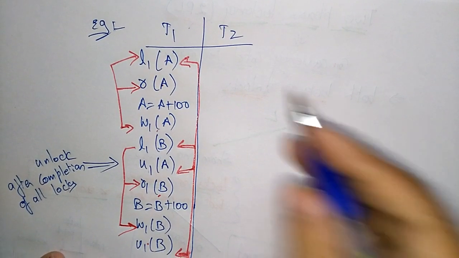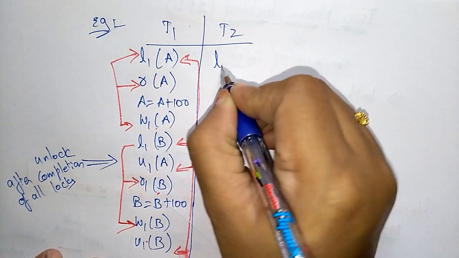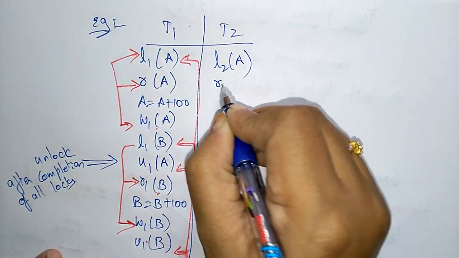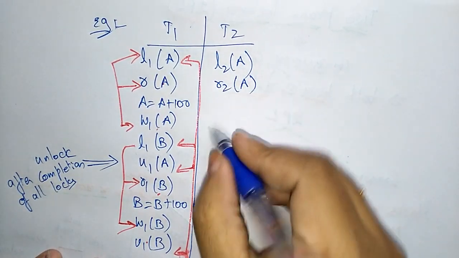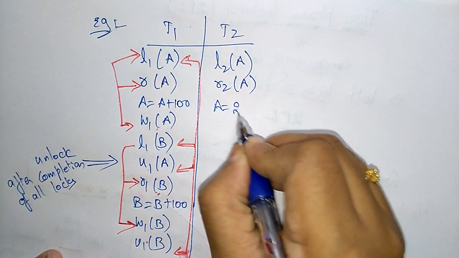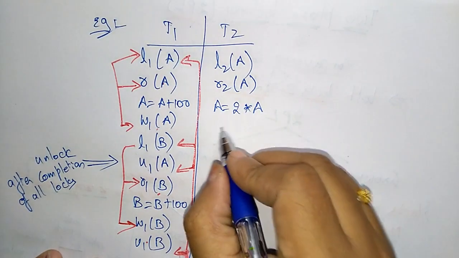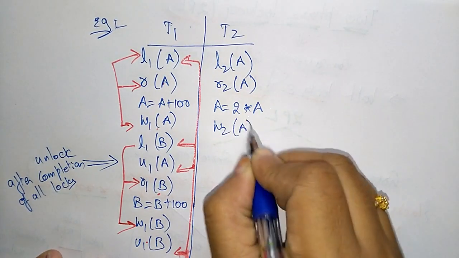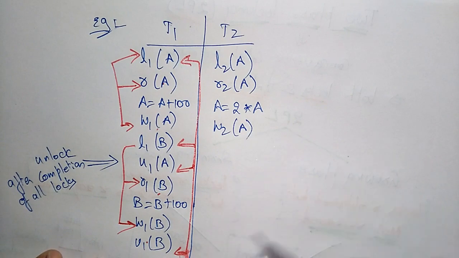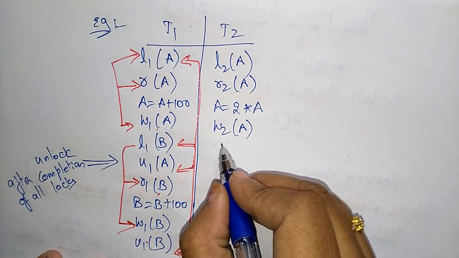Now coming to the T2 transaction. Here is lock A, then read A. A = 2 * A is another operation, and then write the A value. Here you have to create a lock before unlocking the data item.